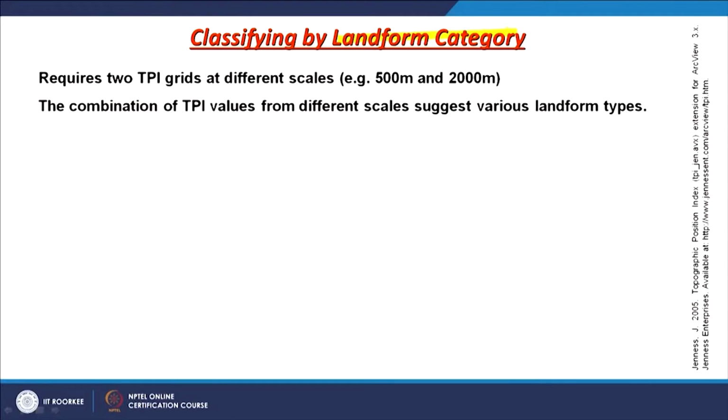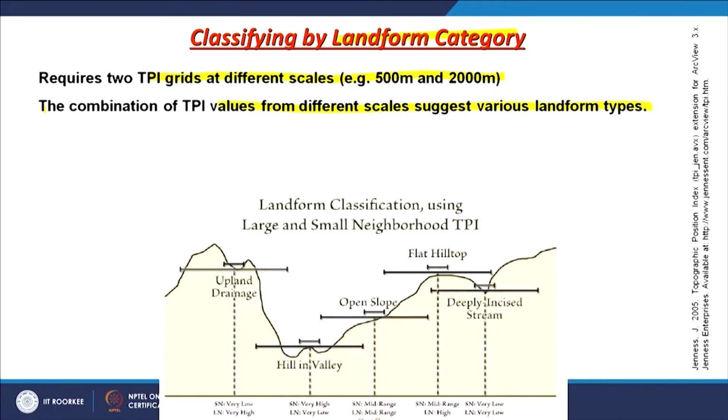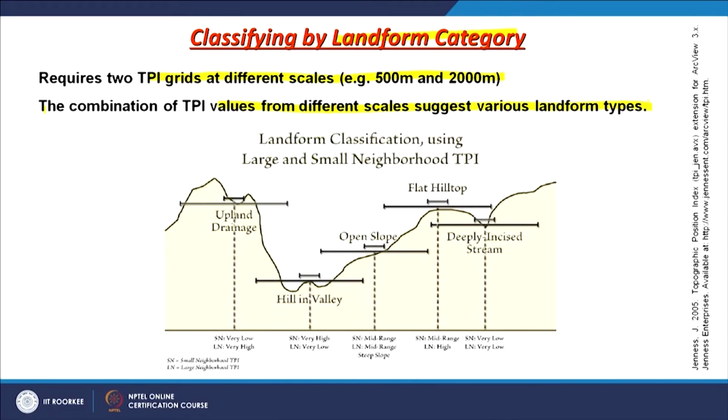We have also seen examples where you require two TPI grids at different scales, say for example 500 and 2000. Combining TPI values from different scales suggests various landform types, like here we can combine and come up with this one and this one.